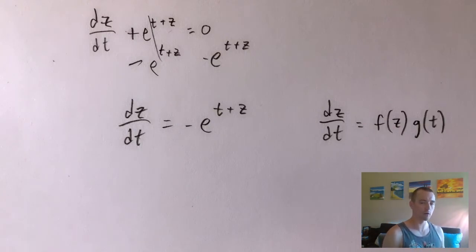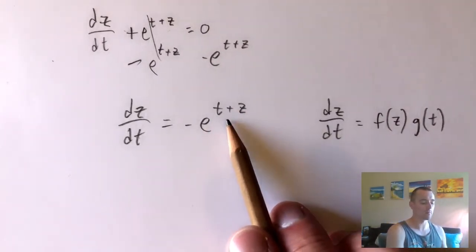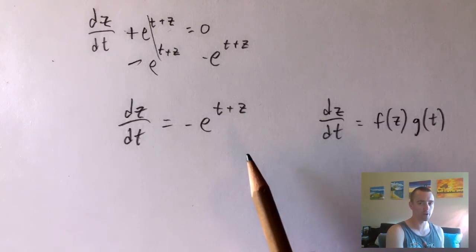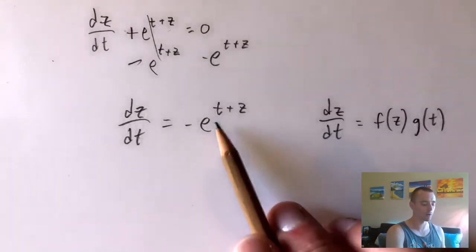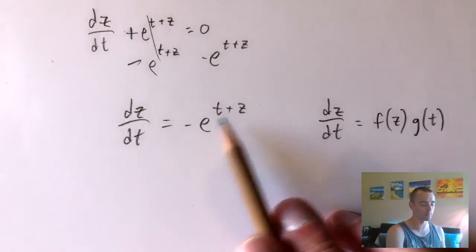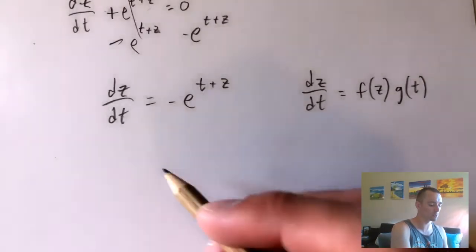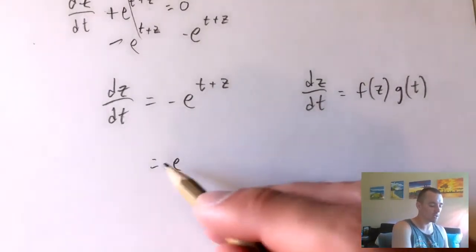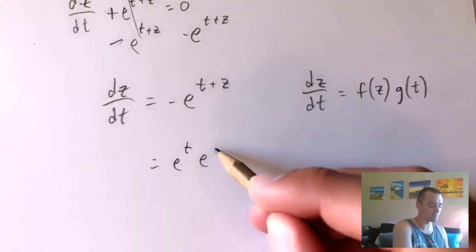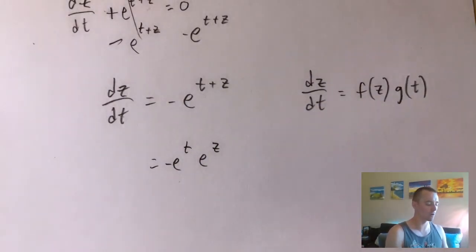You can break apart an exponent, with the power t plus z, into two different exponents with the same base, where the power of each exponent with base e is each of these pieces. So we can rewrite this as e to the t times e to the z. Of course, we want to keep our negative sign out there.